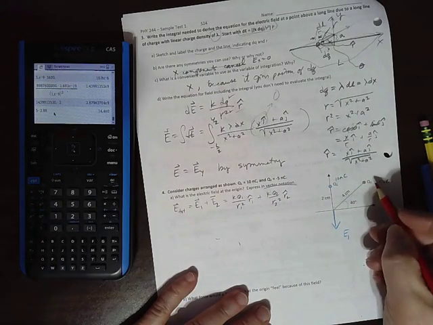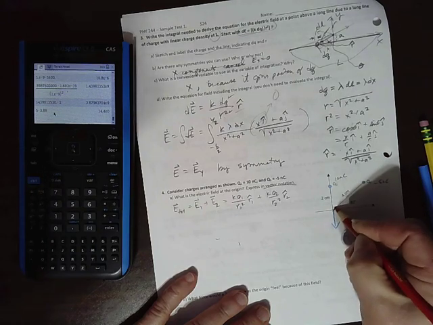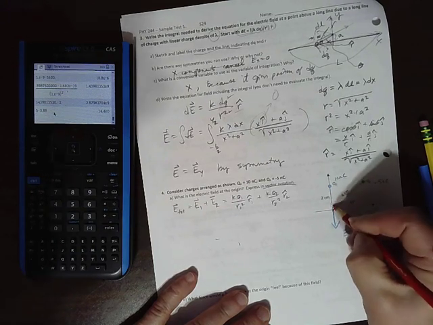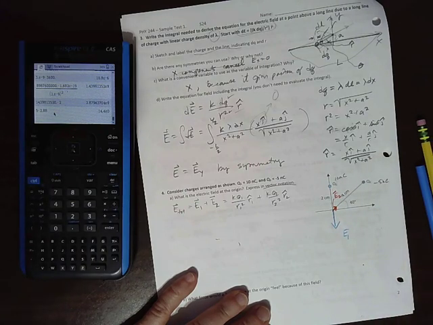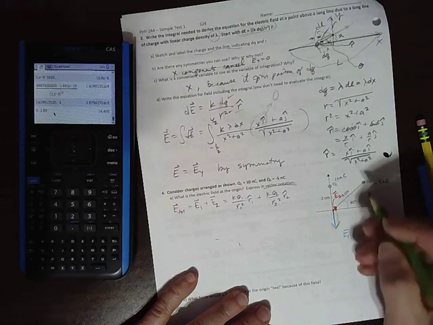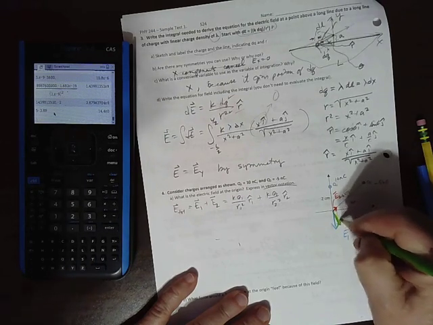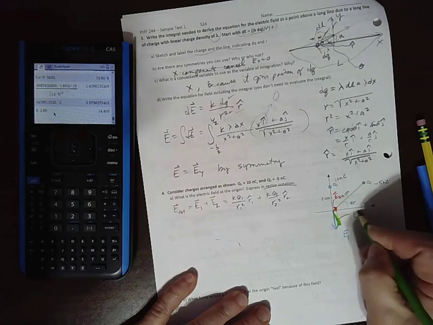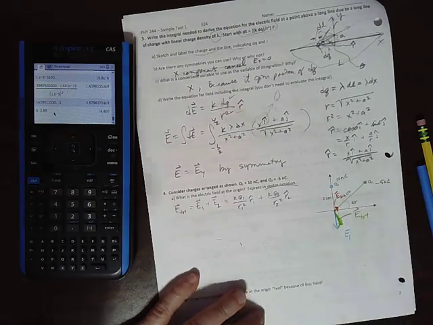So I better draw this one small. This is a negative charge, so it's going to attract a positive charge, so we'll have something like this. E2 will be a little tiny vector in here. So again, the two add together, parallelogram kind of thing. So E total will be something like this probably. My estimations are good.